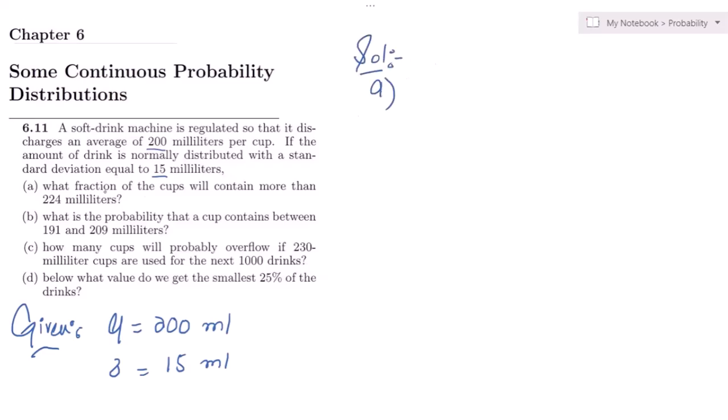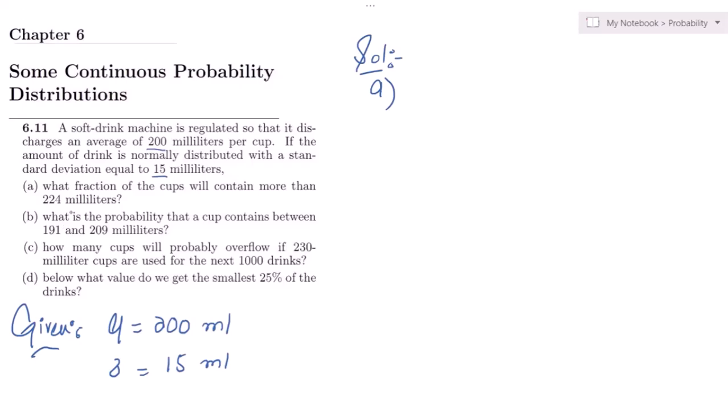Part A is: what fraction of the cups will contain more than 224 milliliters? So we want to find out the fraction of the cups which will contain more than 224 milliliters of the soft drink. Basically, it is the real life formulation of the questions which we have previously solved.